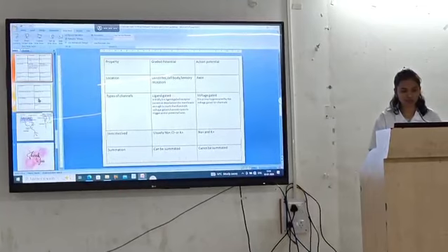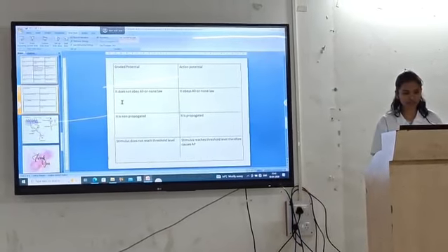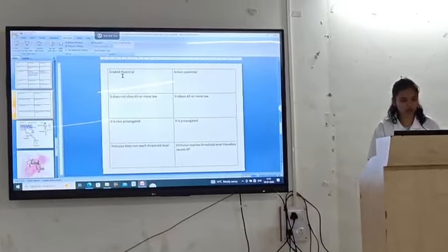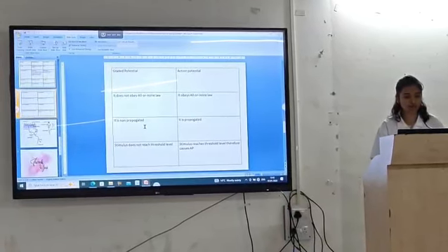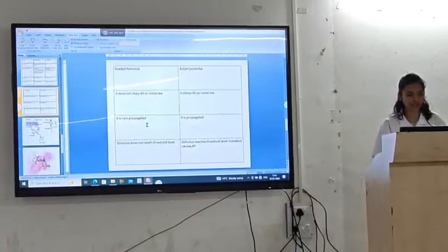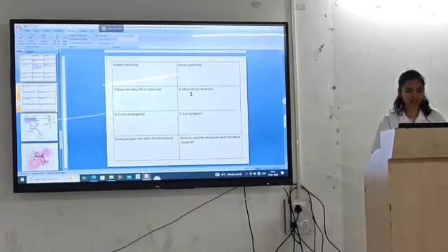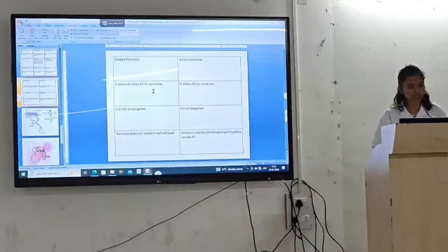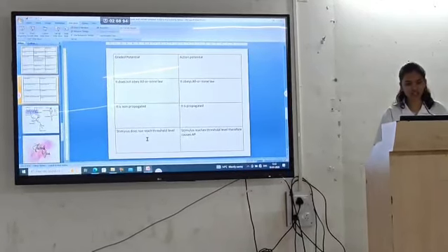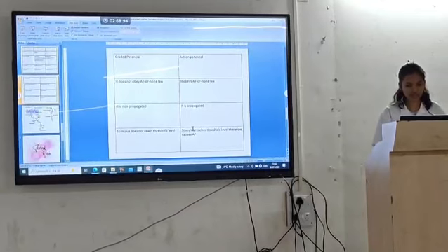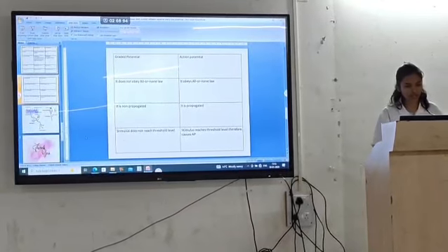Now the three major differences. Graded potential does not obey the all-or-none law, but action potential does. Graded potential is non-propagated, that is, it dies down over shorter distances, but action potential is propagated. In graded potential, as I told earlier, the stimulus does not reach the threshold level. In action potential, the stimulus reaches the threshold, thereby causing the action potential.